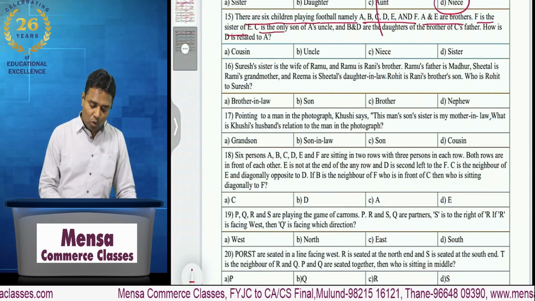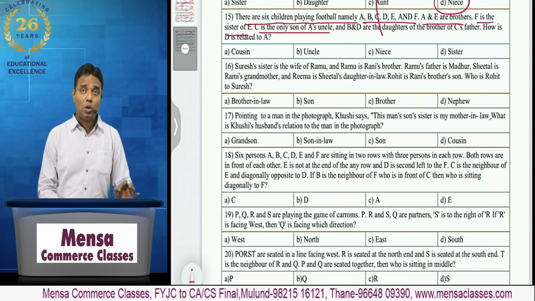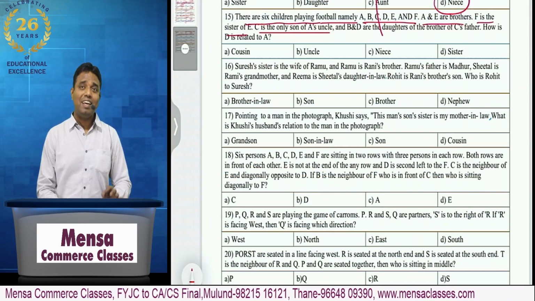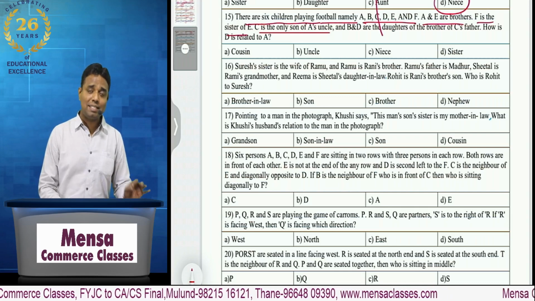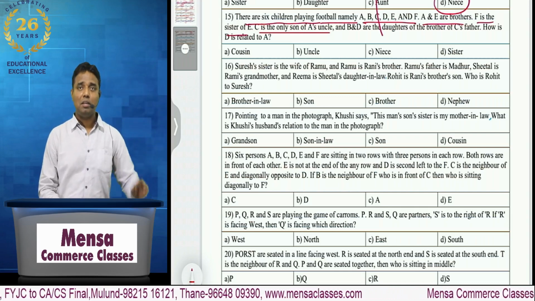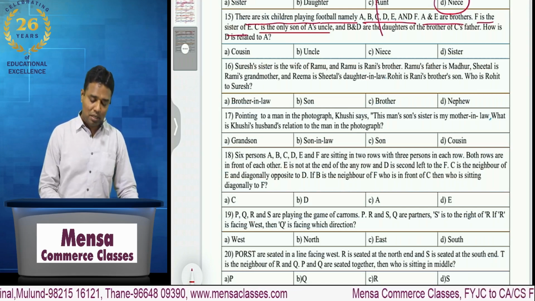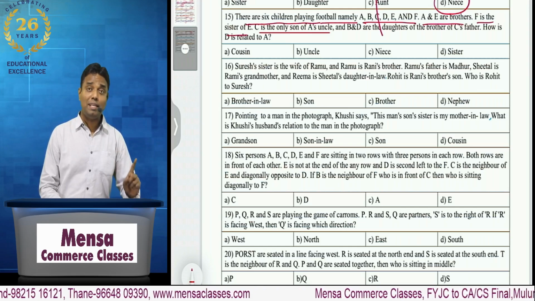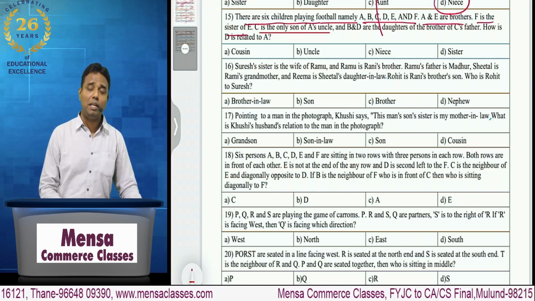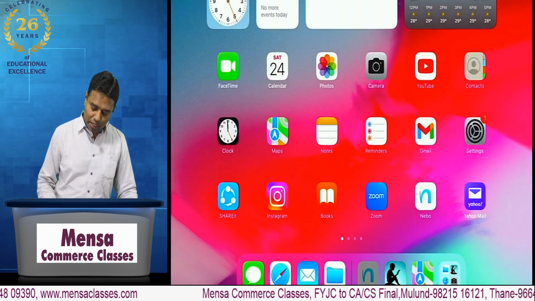C is the only son of A's uncle. A's uncle means A's father's brother becomes A's uncle. His son's name is C. He is the only son. There is no other person. So let us draw that.